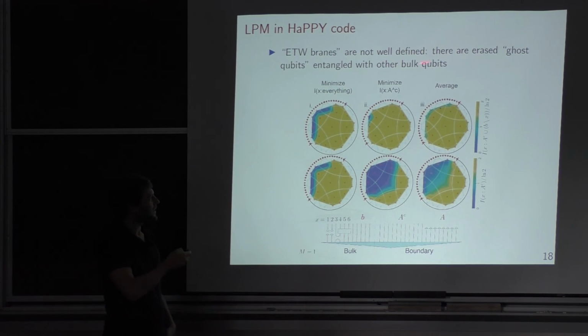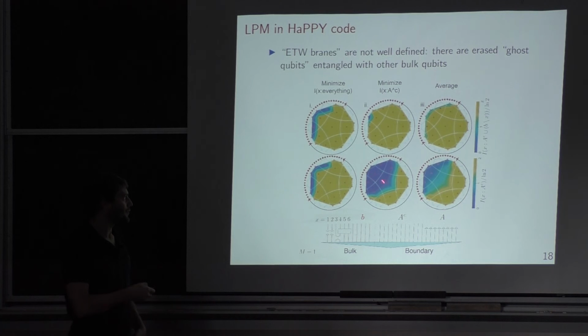I see, but it's still true that in this tensor network story, you really have some qubits that seem to not be reconstructible from the complementary region, but at the same time, they're still entangled with other bulk qubits. And that's something that in holography doesn't really make a lot of sense, at least to me.